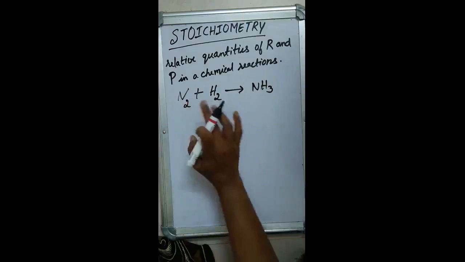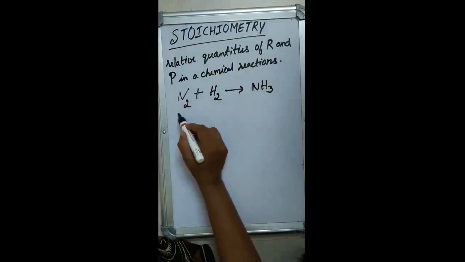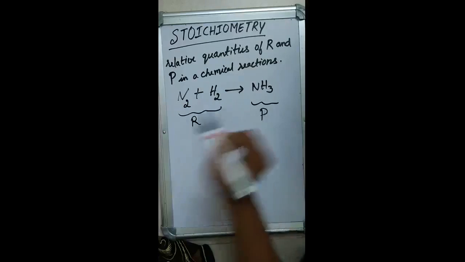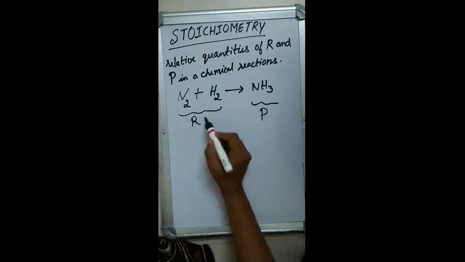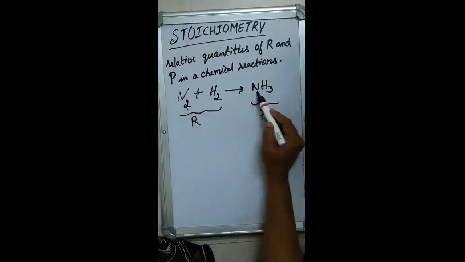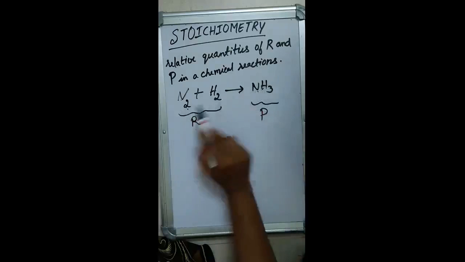This is the reactant side, and this is the product side. How many nitrogen atoms are present on the reactant side? 2. But on the product side, how many nitrogen atoms? Only 1. That means it is not balanced.